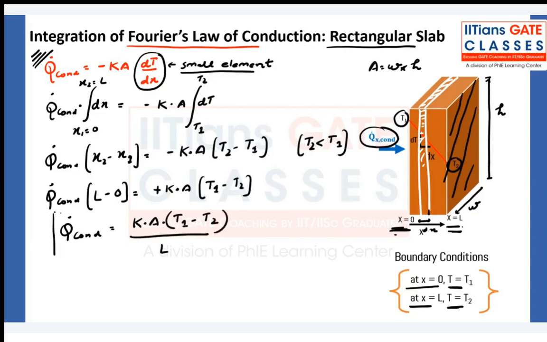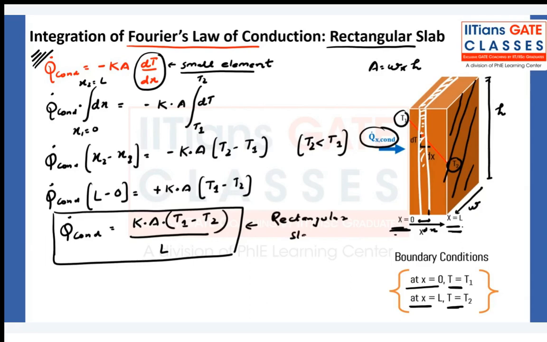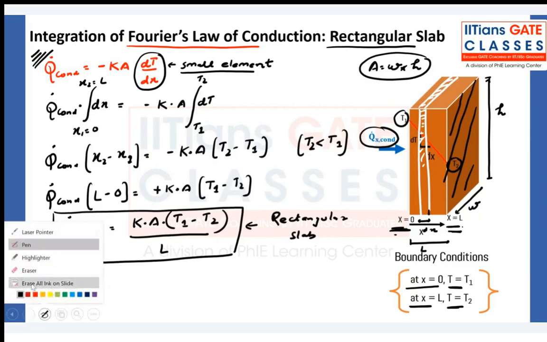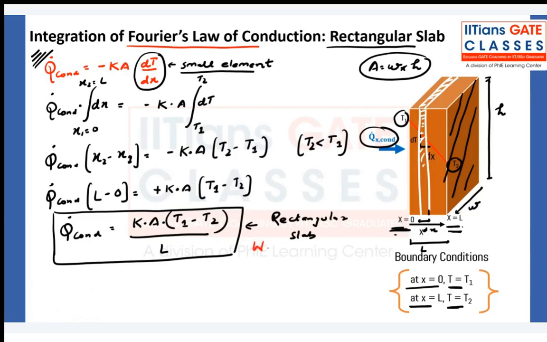Now this formula is valid for a rectangular slab. Area, I have already told you, is width into height. What is length? Length is the thickness. L is the thickness of this slab. K is thermal conductivity. T1 is the temperature at one side. T2 is the temperature at the other side. The unit of Q is watts.